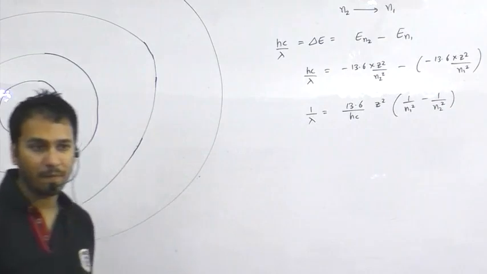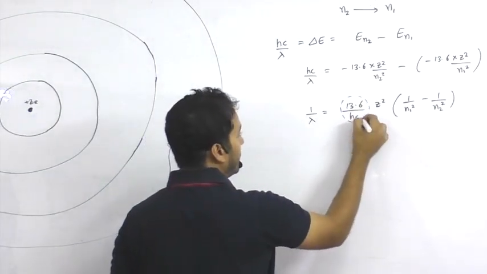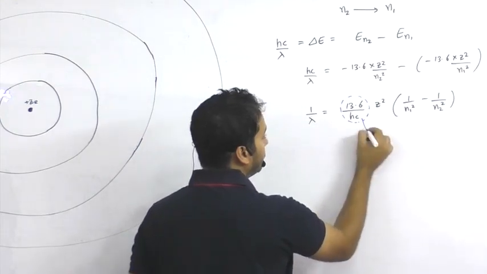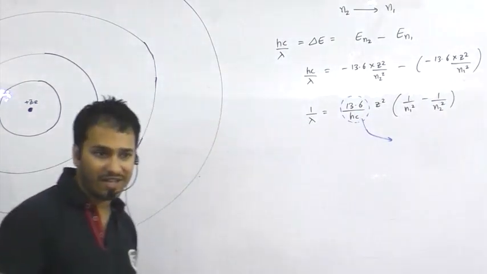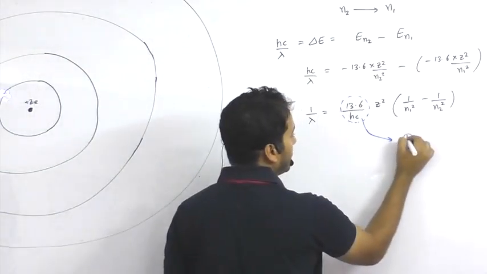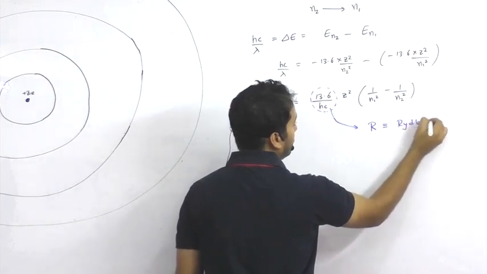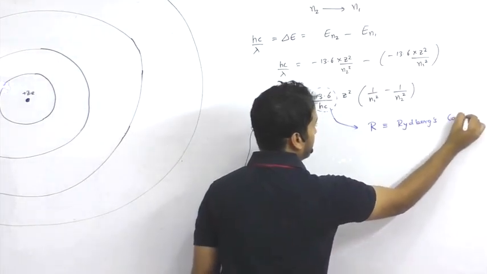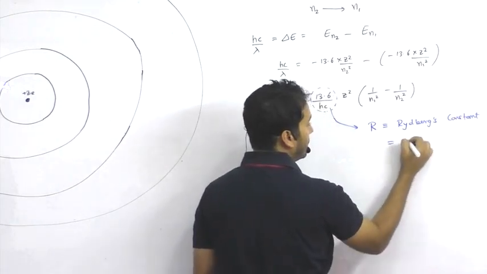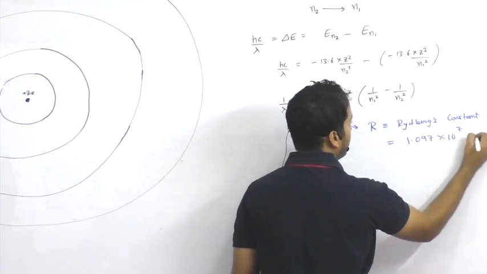Now, this value which we have here, 13.6 upon hc, this is a constant, is it not? 13.6 is fixed, h is fixed, c is fixed. So if I plug in the values here, this is known as R, which is Rydberg's constant. And this value is 1.097 into 10 to the power 7 meter inverse.